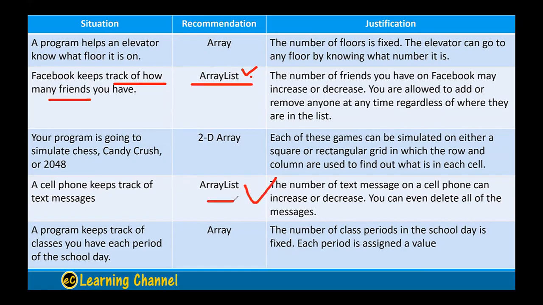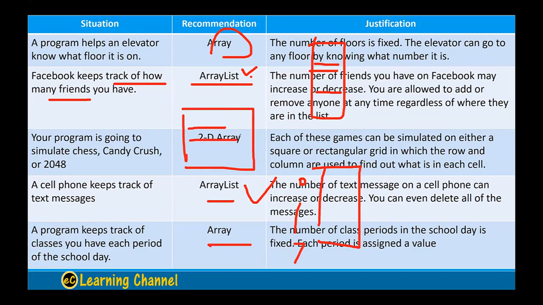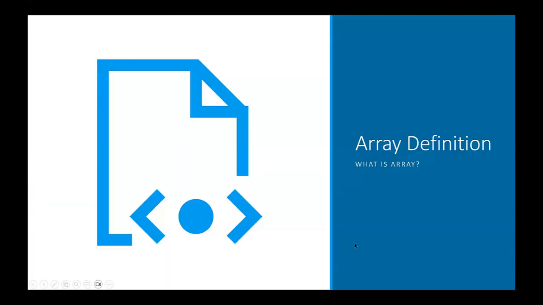Number of elevators for the floor is fixed, so it's an array, okay? A program keeps track of the classes you have each period of the school day. So period 1 to period 7 is fixed. So that also is an array. Two-dimensional array is when you need to have a graph, okay? That is a basic difference.